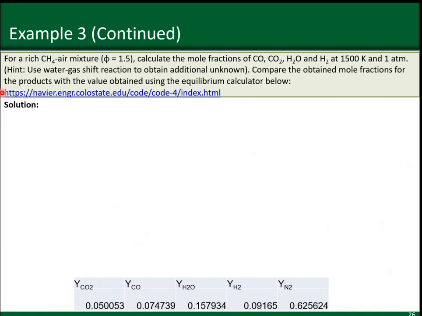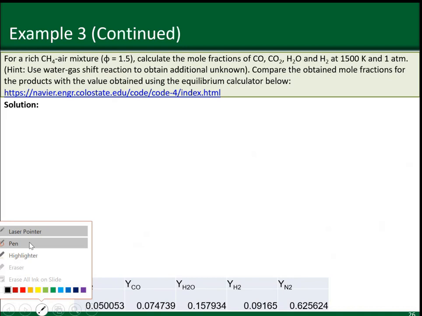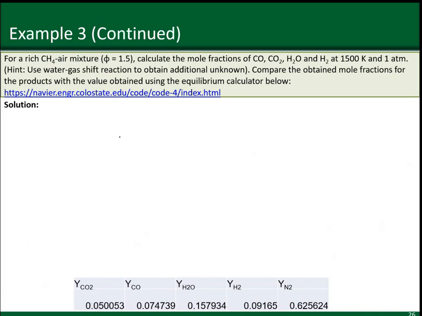Okay, so now going back, basically we have the value for Kp, right? And Kp is equal to 0.38868, and this we said is equal to number of moles of CO2, which is A as per the reaction, times number of moles of H2, which is E, divided by number of moles of CO, which is B, times number of moles of H2O, which is D. Now what we need to do is write everything in terms of A, right?